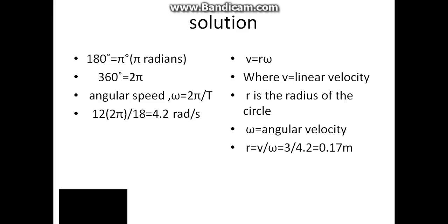Making r the subject of the formula, we have r equals v over w, linear velocity over angular velocity, which is 3 over 4.2. This gives a radius of 0.17 meters. The radius of the circle is 0.17 meters.